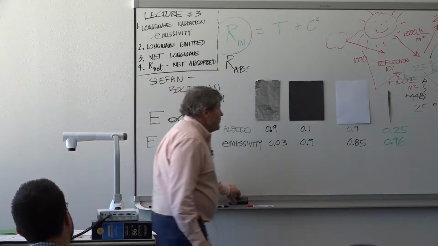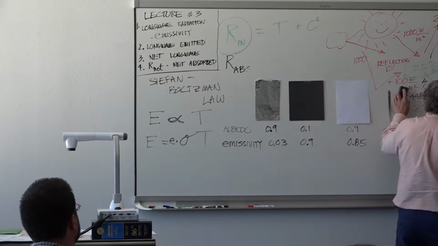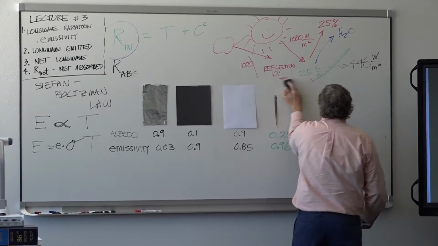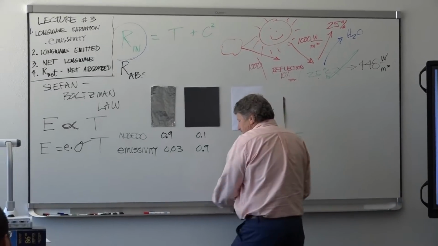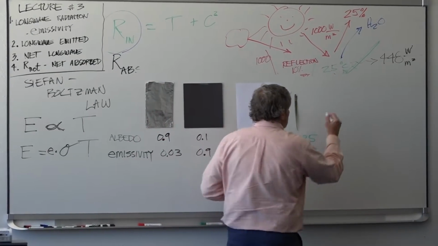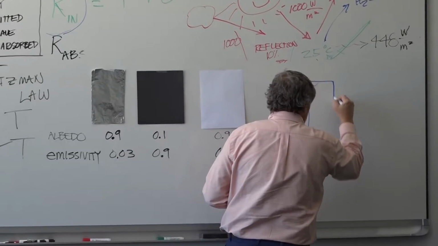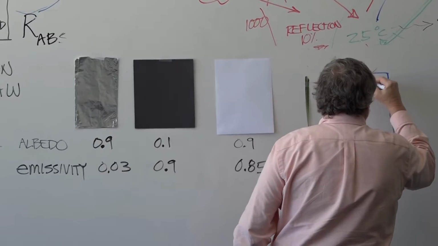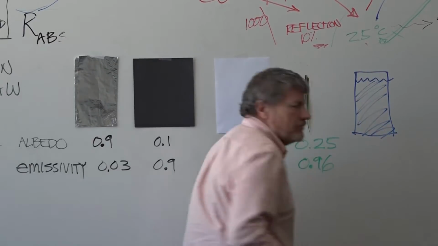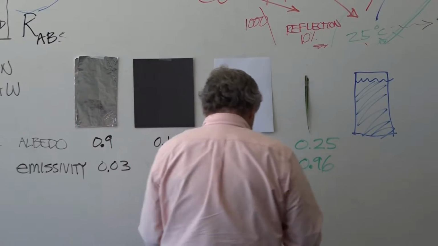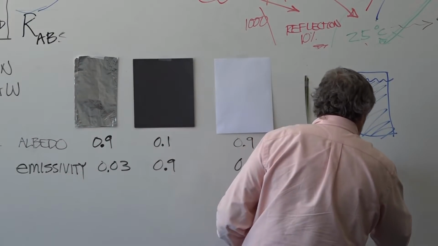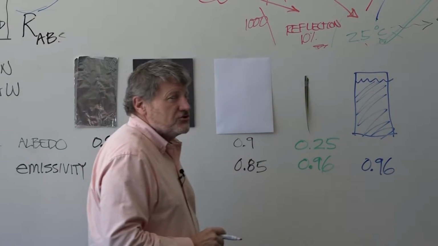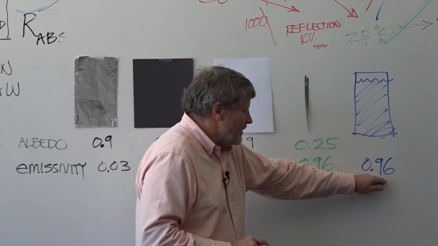It's worth putting on here one more thing. Let's see, I can erase this. Water is blue, right? So now we're going to put a blue square, right? It's full of water, all blue. Water has an emissivity of about 0.96, maybe even 0.98.